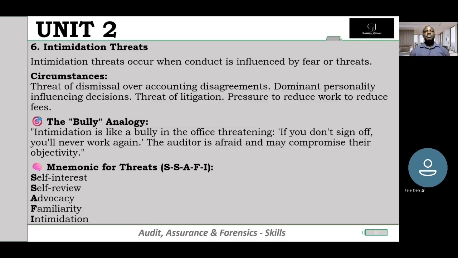So think of it like a bully in the office. The bully is threatening: if you don't sign off, you will never get work again. So the auditor is afraid and may compromise their objectivity. That's an analogy to help you remember intimidation threat. So here's a mnemonic of the 5 threats. SSAFI: self-interest, self-review, advocacy, familiarity, and intimidation.